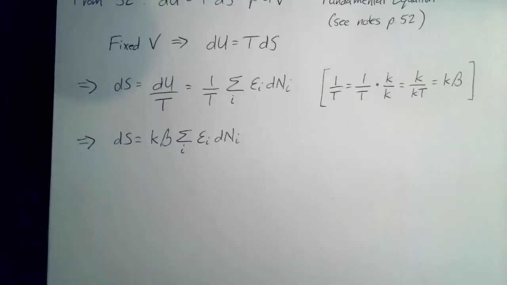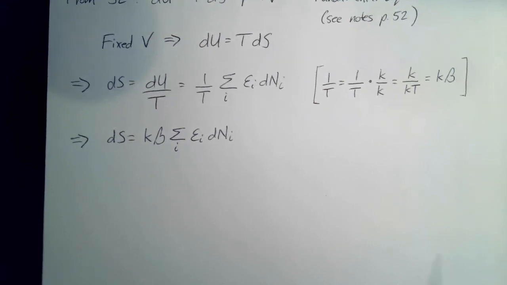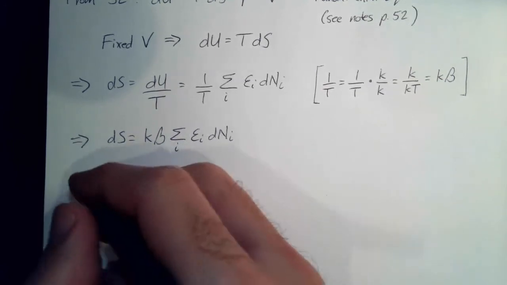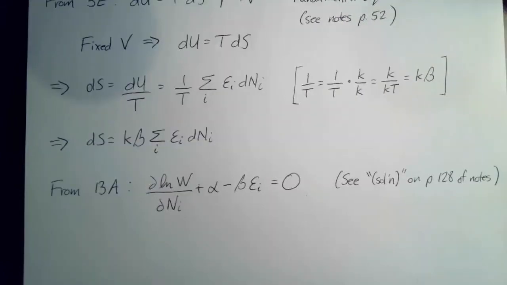All right, and now we're going to make use of an equation that we arrived at while we were deriving the Boltzmann distribution. It was one of the intermediate equations. And that equation looked like this. And this is the equation we arrived at when we were using the method of Lagrange multipliers. And so you can see where this equation was derived if you look back at page 128 of the notes.